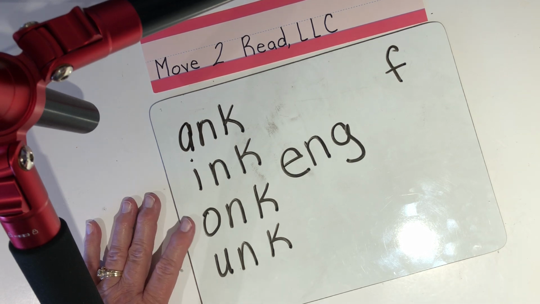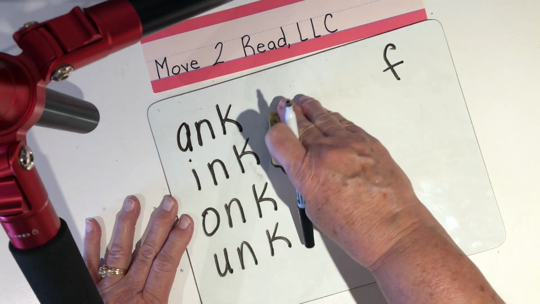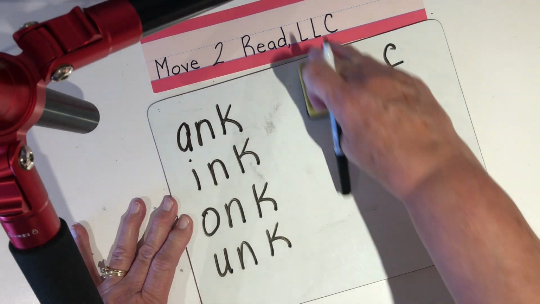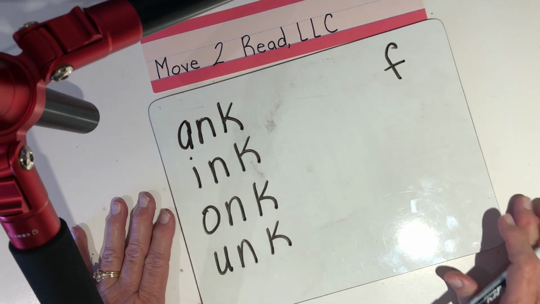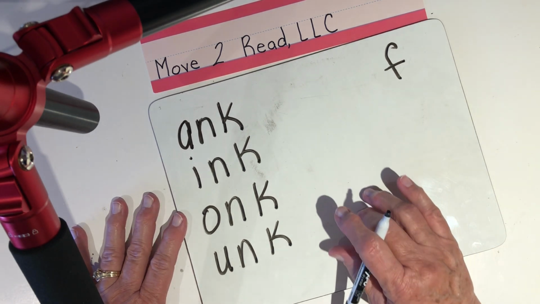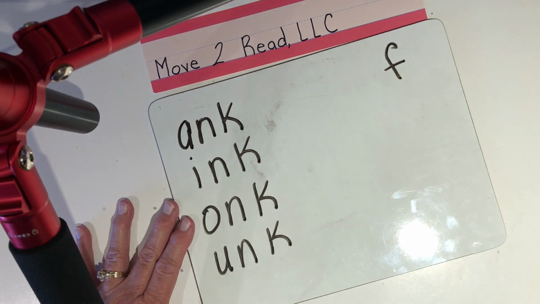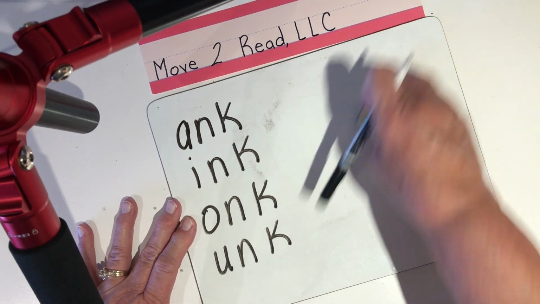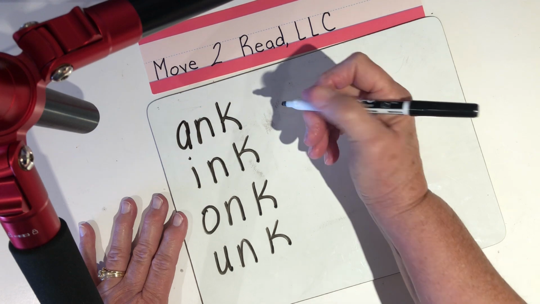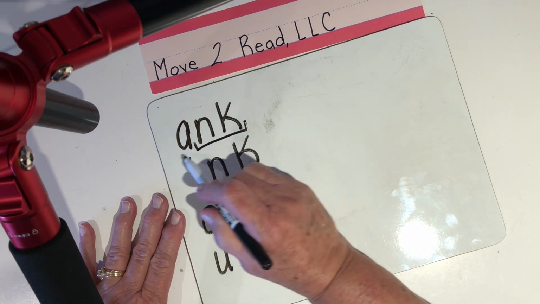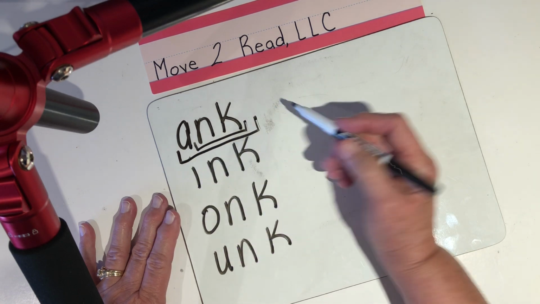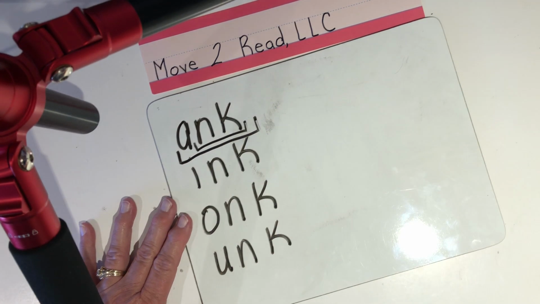But we're not going to talk about those yet. We'll study those entirely separately. In the NK family, we're not going to be doing the E, just like we didn't do it with the NG family right now. All right, so we're still going to mark that this is a blend, and you have to have the vowel to get the sound that you're trying to get.